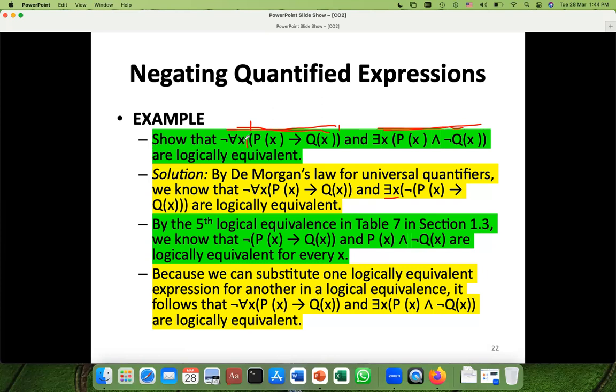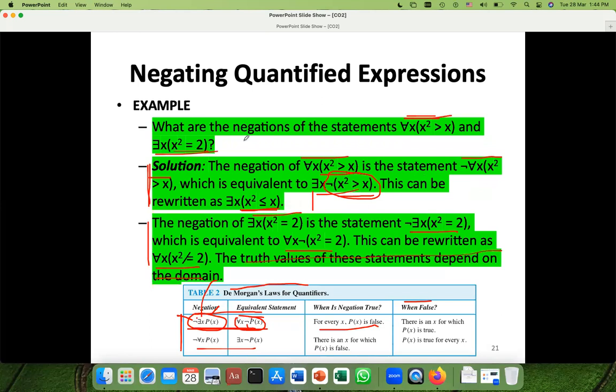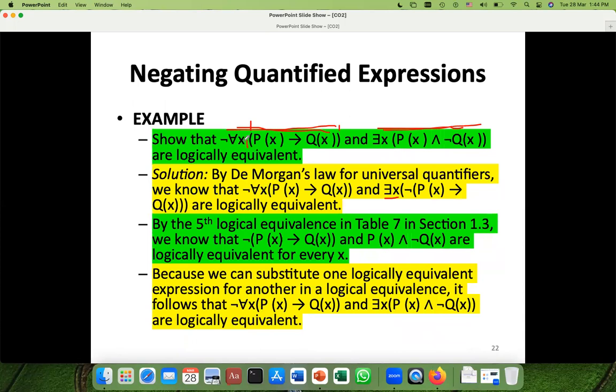I have to show you those tables. Just a minute. So there exists x, and this negation will come here, which is like that. Negation, bracket starting, p of x implies q of x, and here the bracket is ending.